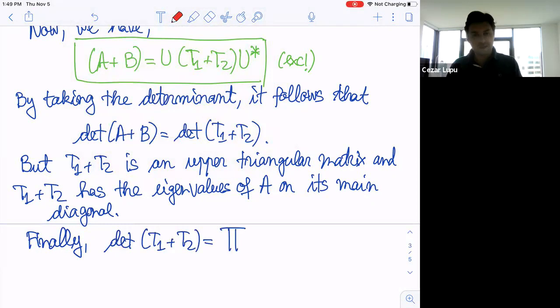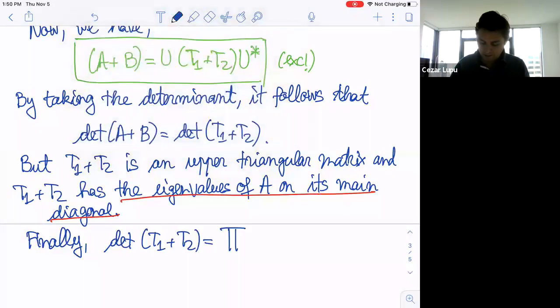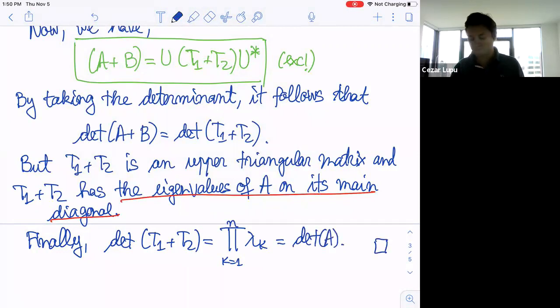But the elements on its main diagonal are the eigenvalues of A. So keep that in mind. By using this, it will be nothing else than just the product of them, and this is nothing else than just the determinant of A. And that's it. That's the end of the problem.